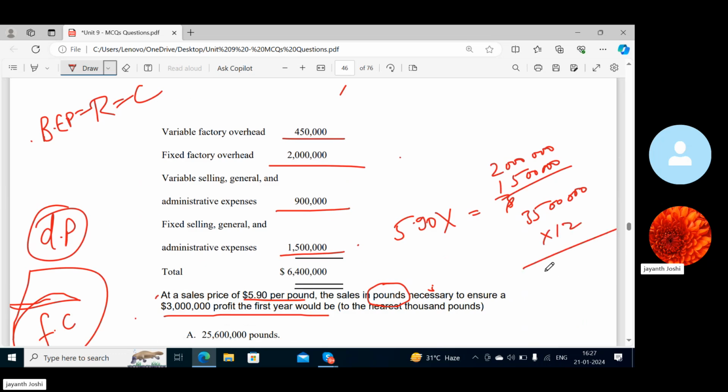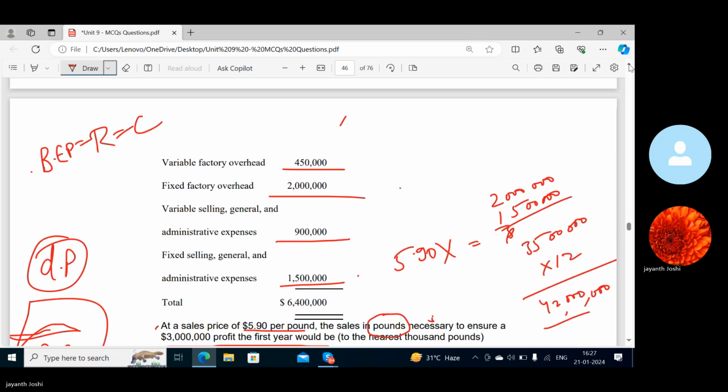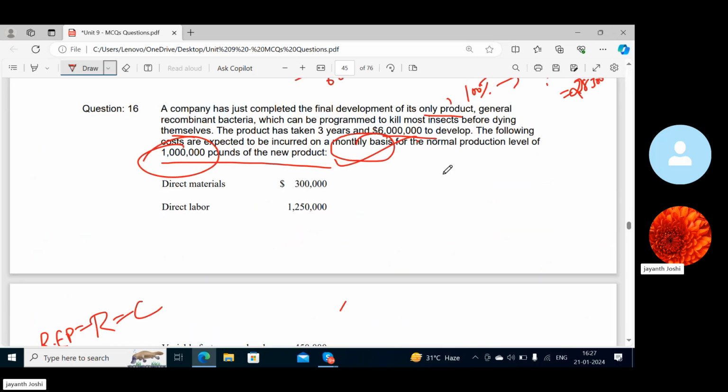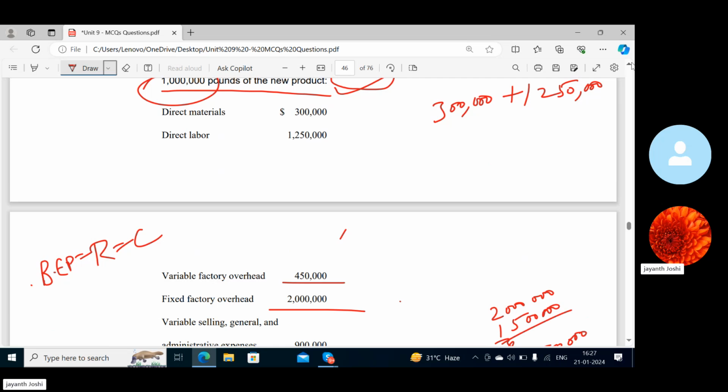What do you get? 42 million. This is the per annum fixed cost, right? Now, what about the variable cost? 4,50,000 plus 9 lakhs. We will take this. Please add. We'll take 450.